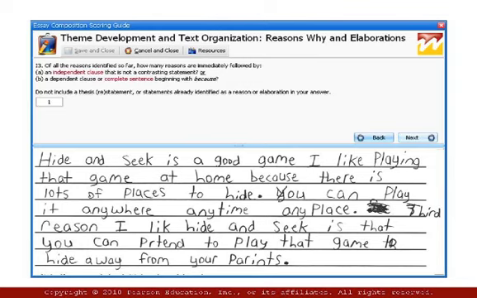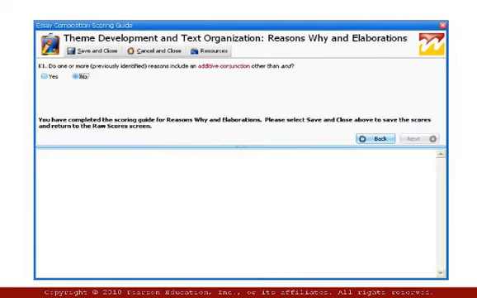However, you cannot score this as a reason because it doesn't meet any of the identified criteria starting with A and culminating with I. So instead, you identify that as an elaboration for that reason. So then you move forward.